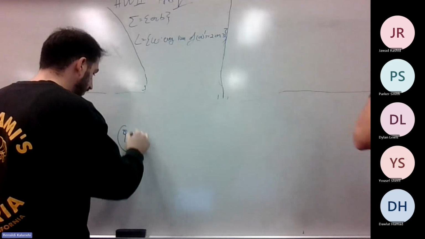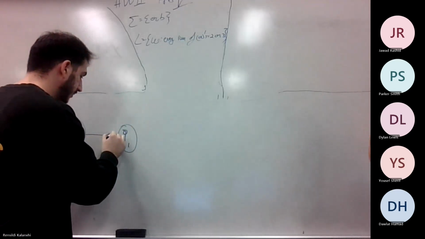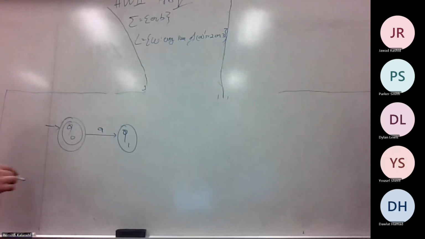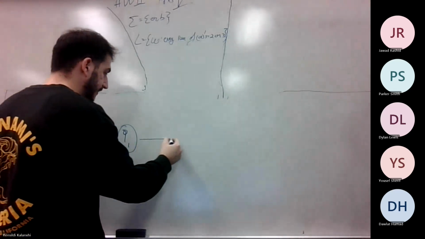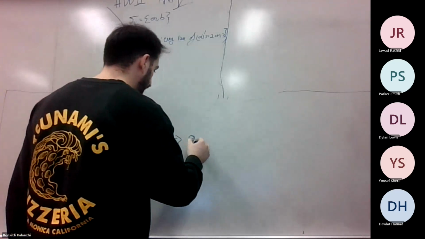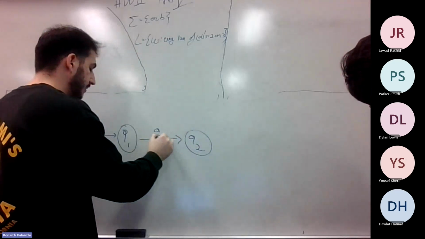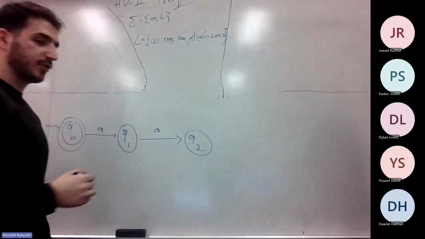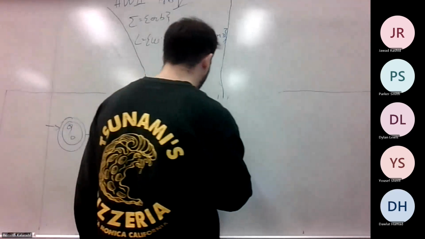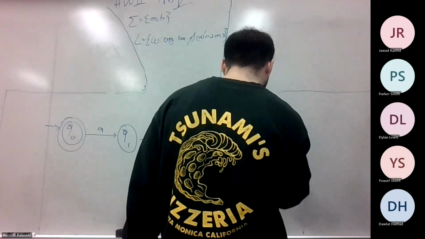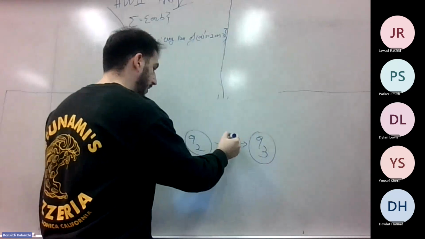So now we need A. A again. We're trying to make the run 2 or 3. A again.